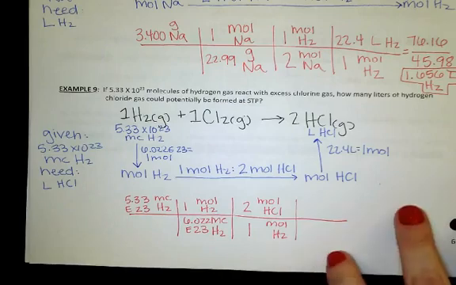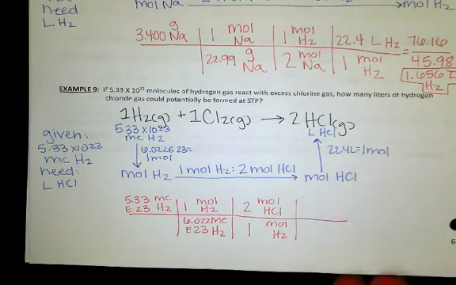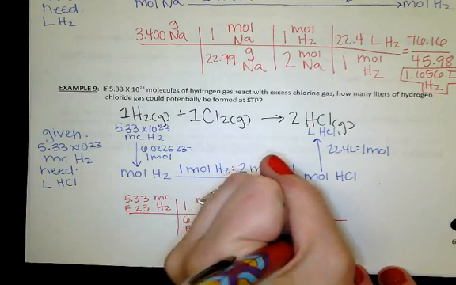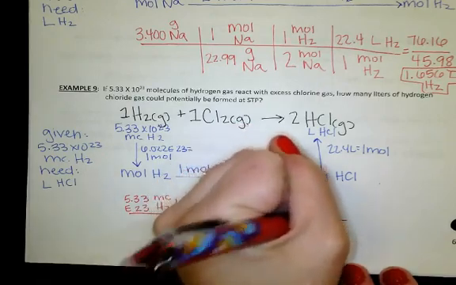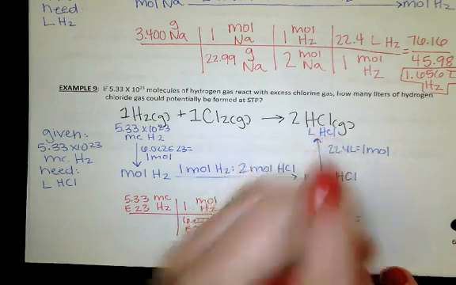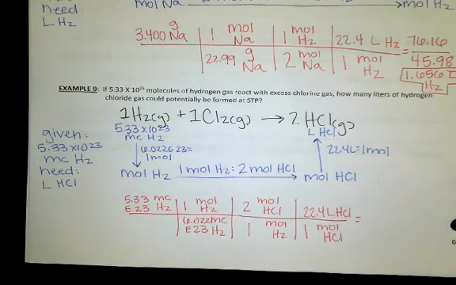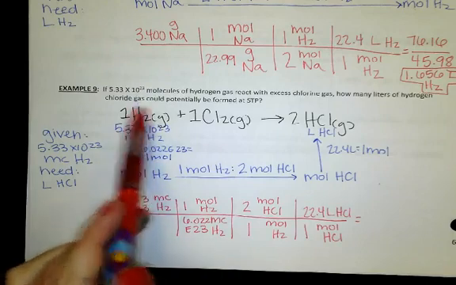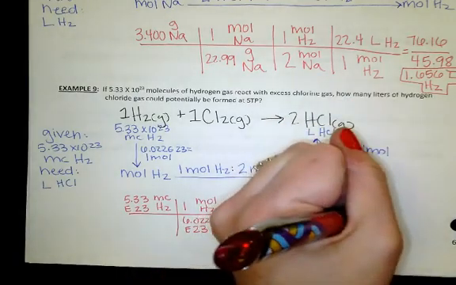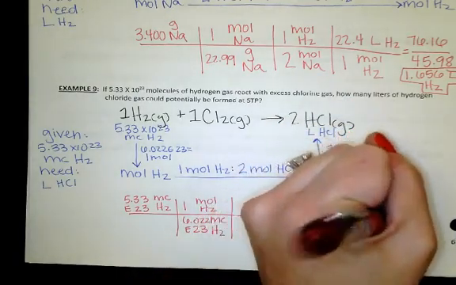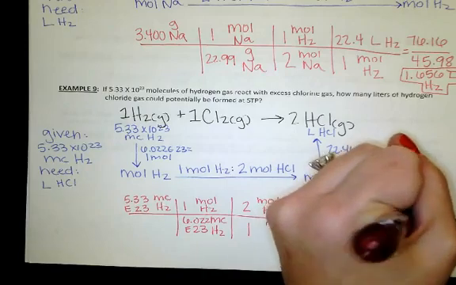Last conversion, we're converting to liters. So we're going to have 1 mole of HCl on bottom, 22.4 liters of HCl on top. Now remember, this 22.4 can only be used with gases. That's why it's important that it says hydrogen chloride gas. So we're going to have 5.33 times 10 to the 23rd times 2 times 22.4. That's going to give us 2.39 times 10 to the 25th on top.